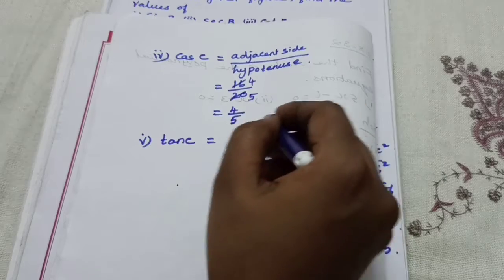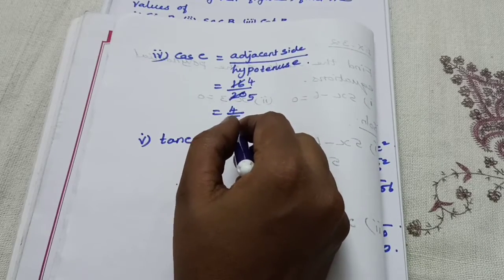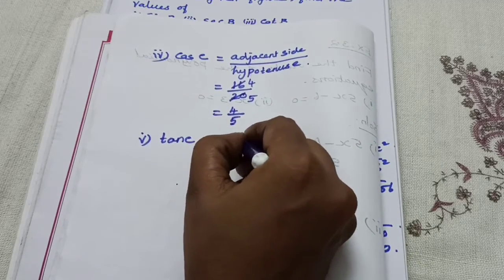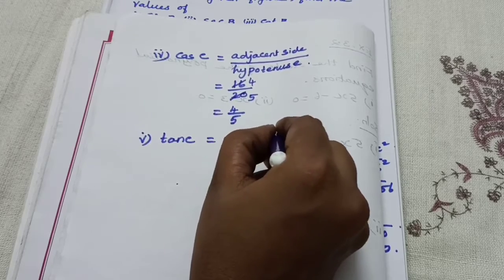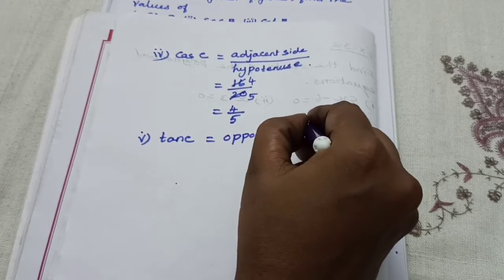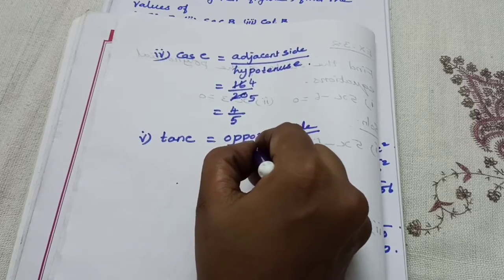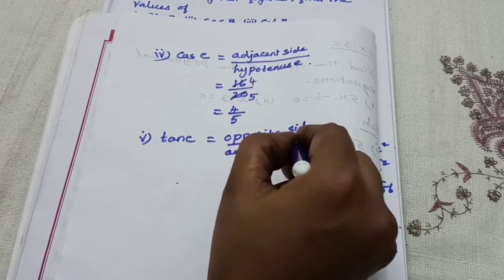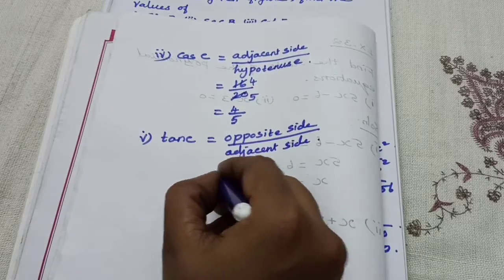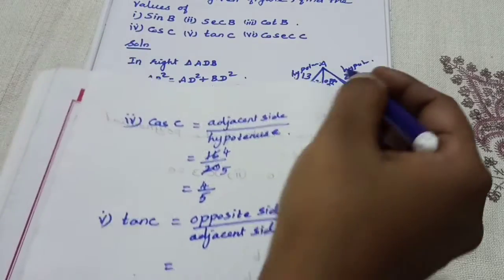Then fifth one, tan C. Tan theta is equal to, what's the ratio? Opposite side divided by adjacent side. Am I correct? Then equal to, which is the opposite side?